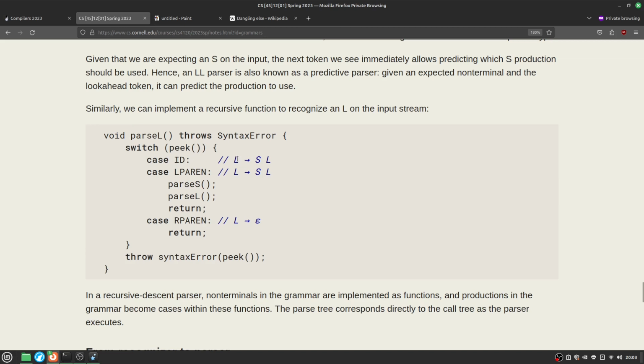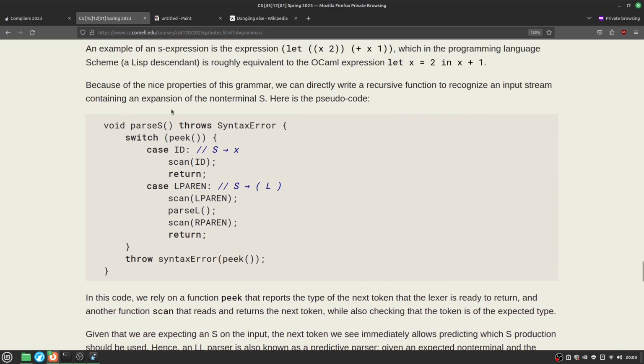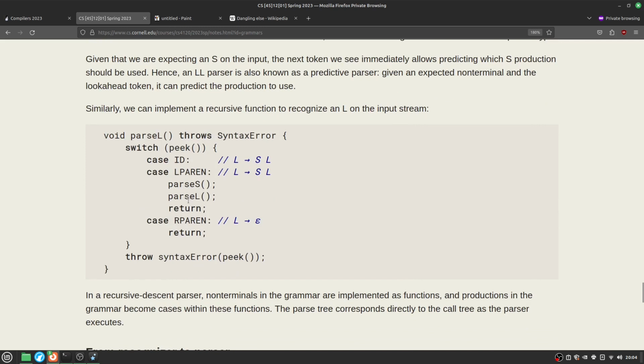If it's an ID, looks like we use this grammar S. So L is equivalent to S concatenated with L. If it's a left parenthesis, we parse S and then parse L. If it's a right parenthesis, L is equal to the empty string, so we return.